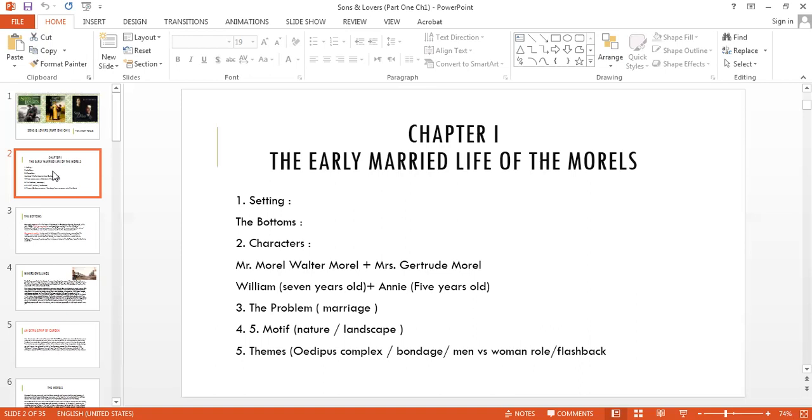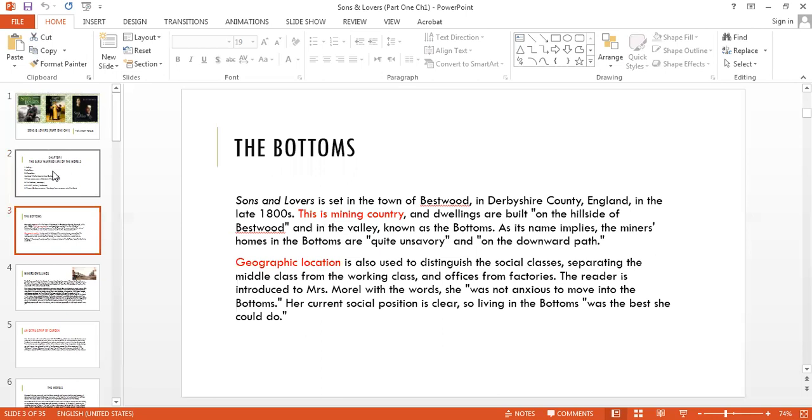Themes, we have many themes. Most importantly, we have the Oedipus complex, we have bondage, we have men versus women's roles, we have the use of a flashback.